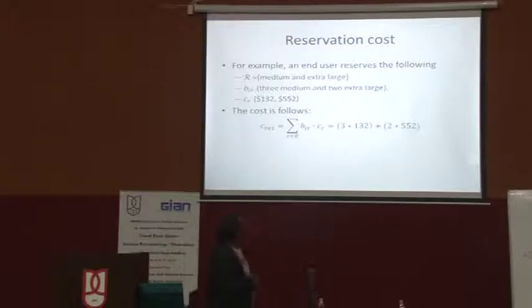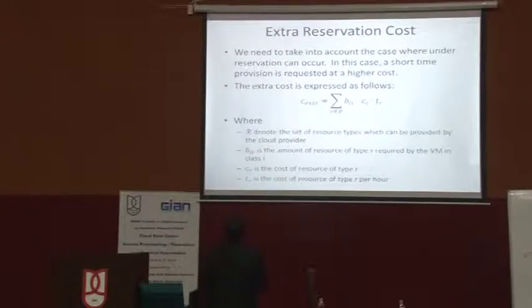Okay, now then we have stage 2. If you under-reserve, right, but you need more resources, then we need to consider the extra reservation cost we incur. And we need to take into account the case where under-reservation can occur.